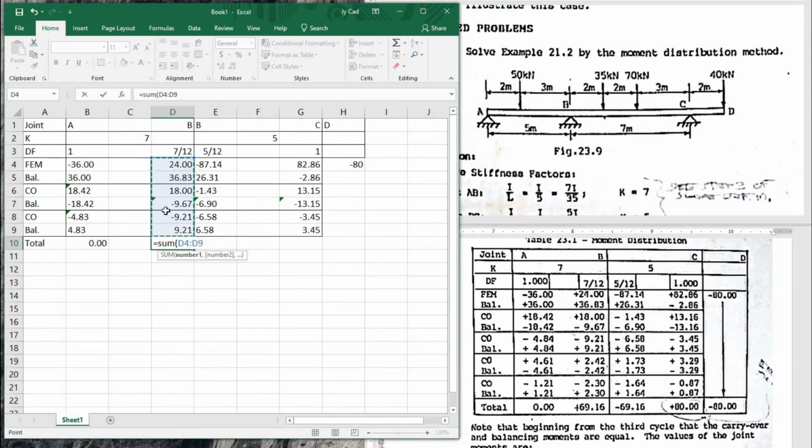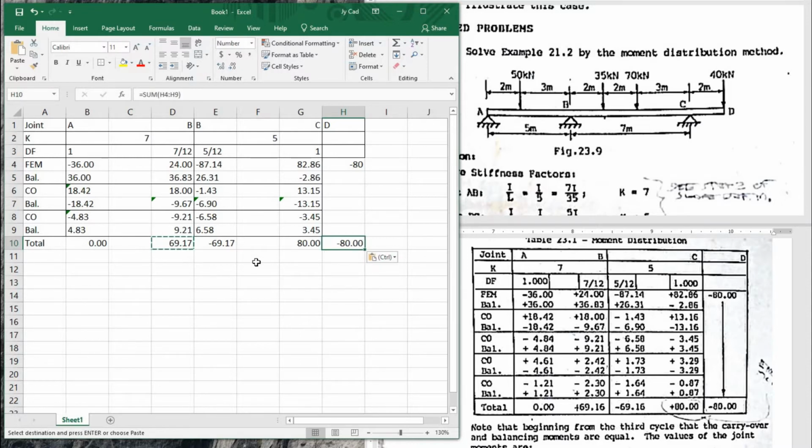Highlight mo lang yung mga moments. Do not select the distribution factor and then close. Or you can just simply copy. Yan, Control C, tapos Control V mo riyan, Control V mo dito. Okay, tapos dito, Control V mo rin.